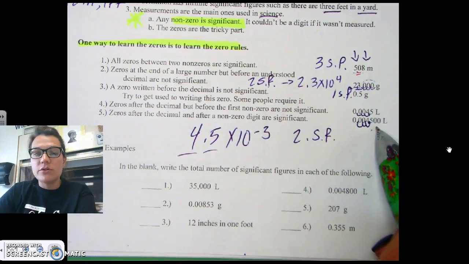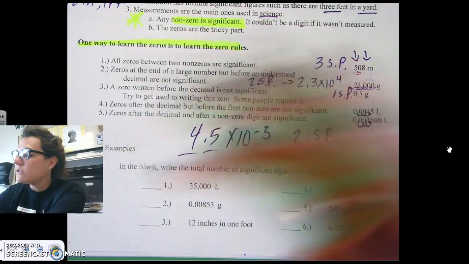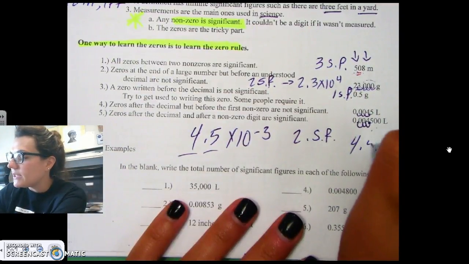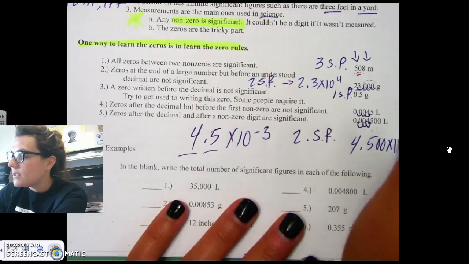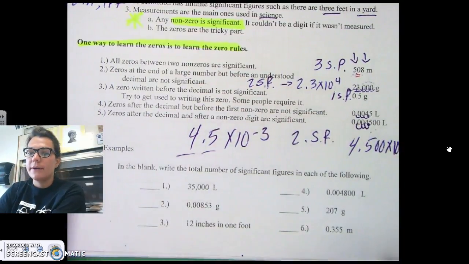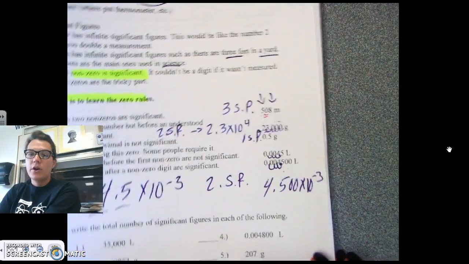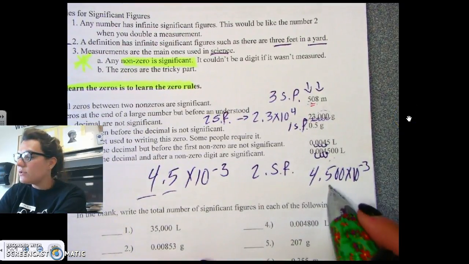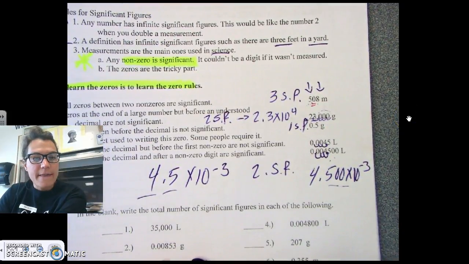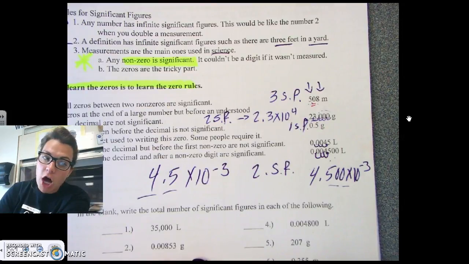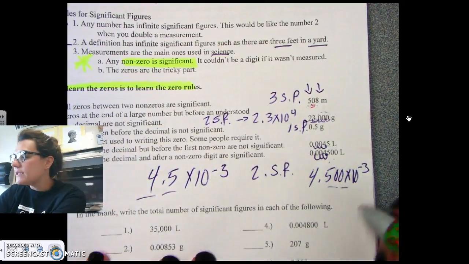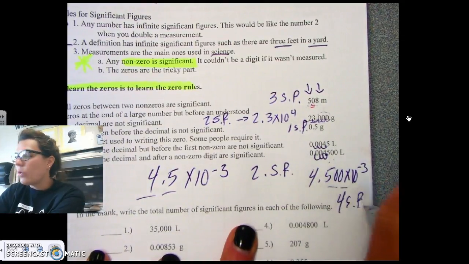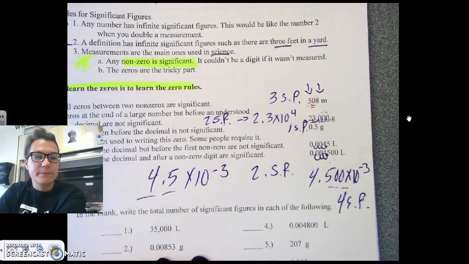Since those zeros are a part of the number, I have to write the scientific notation like this. 10 to the negative 3. I'm sorry, let me move this over here. So since those zeros still have to be written, they're considered significant. But the zeros in front were lost, so they're not significant, okay? So that means that this number right here has 4 significant figures.